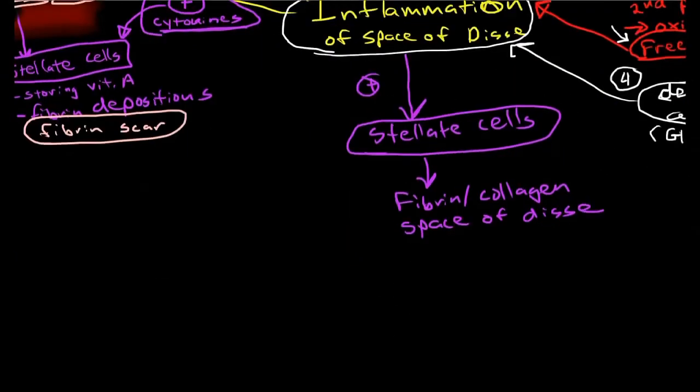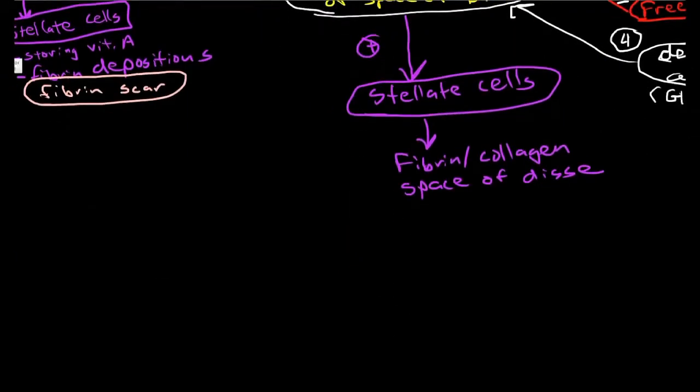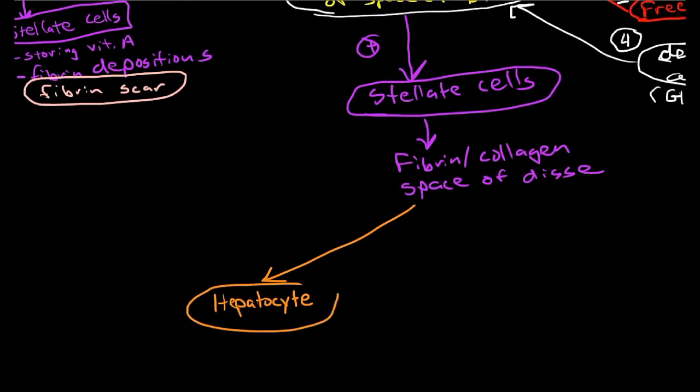And that causes damage to the hepatocytes. And obviously you can see how this can start to cause a positive feedback loop, because what would a damaged hepatocyte do? Whenever you have cellular damage, you're going to cause more inflammation, right? So we're getting some positive feedback here, and we're getting a downward spiral.